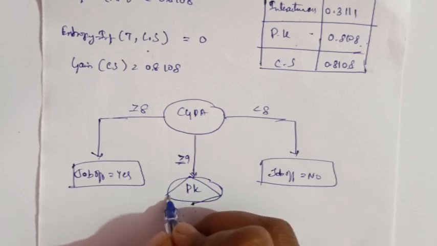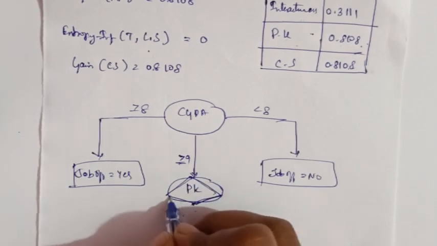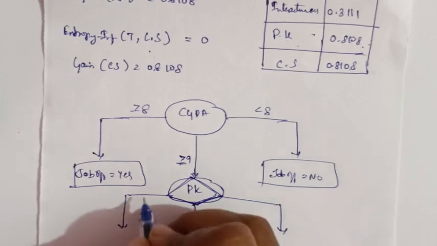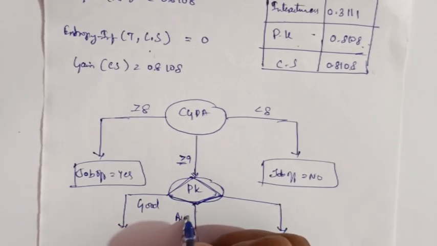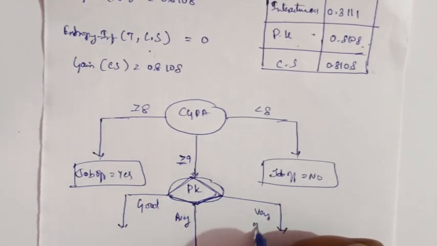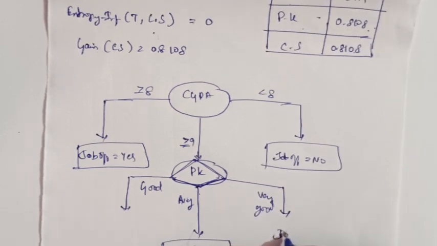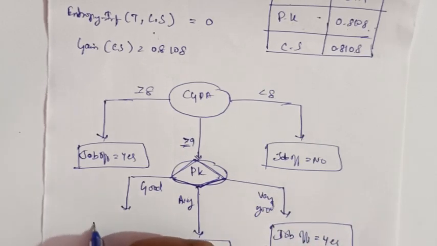Let's take this in a diamond. Here we have good, average, and very good. Now for average, we got job offer as no, and this as S, and again this as S.